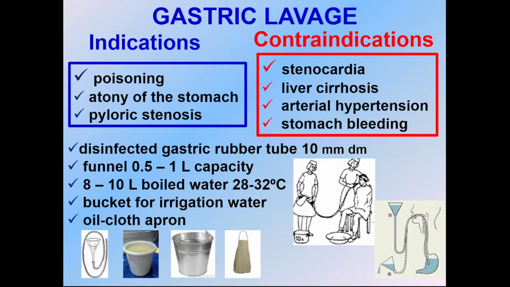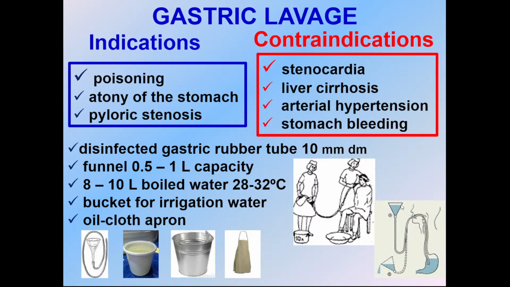Manipulation resembles the law of communicating vessels. You see stomach, yeah? Then we introduce tube into the stomach, and when the funnel is above level of stomach, water easily goes into the stomach, and initial level of the funnel will be on the level of stomach and then gradually moves toward the mouth.